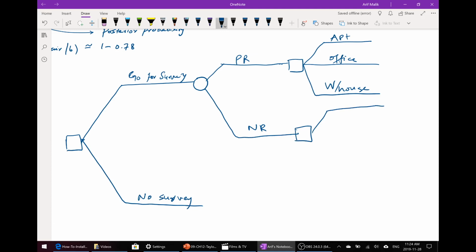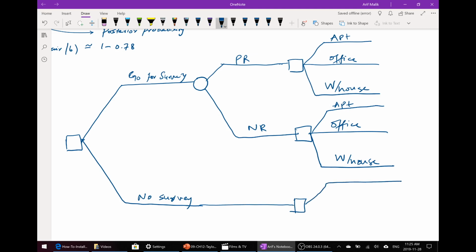Whether the negative report or positive report, we still have these three decisions we can make: apartment building, office, or warehouse. And if we don't do the survey, we still have these three alternatives that we can invest in: apartment building, office, or warehouse.